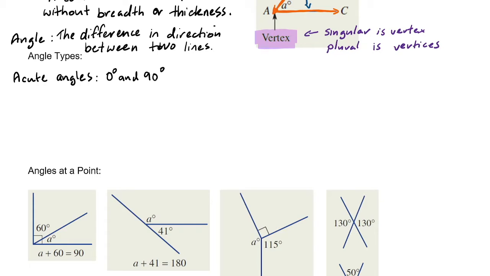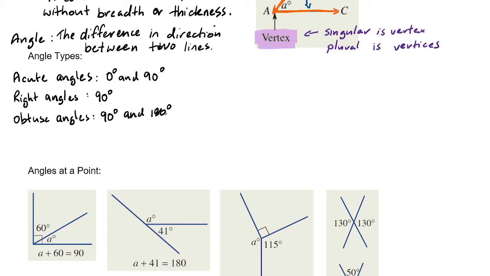The next type of angle we have, if we keep going along the line, are right angles. These types of angles are 90 degrees exactly. Then we have obtuse angles, and obtuse angles are between 90 degrees and 180 degrees.